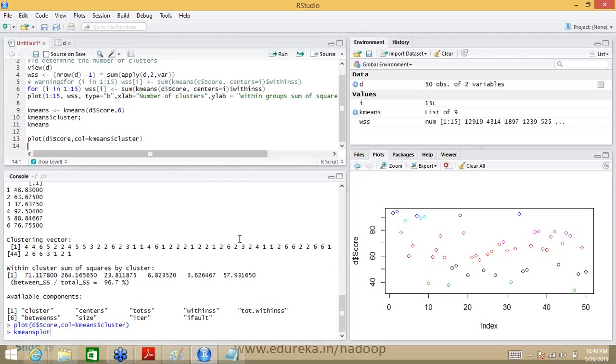No, the x-axis is based on the score, we are trying to plot it, Harsha. You can run it for 4 clusters. Let me do that here.